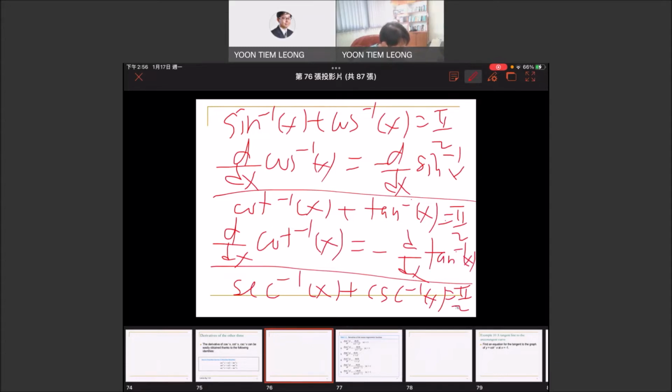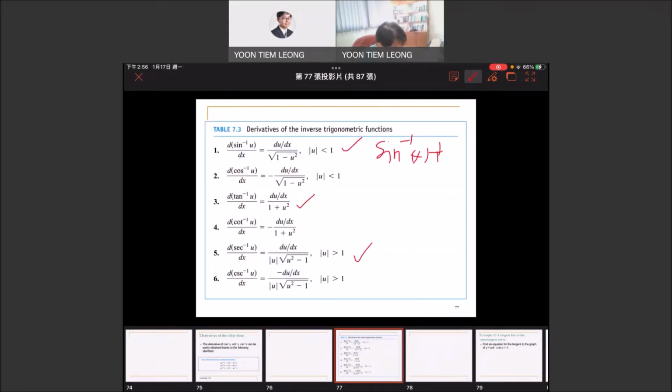So the derivative of arccosecant is just equal to the negative of arcsecant.